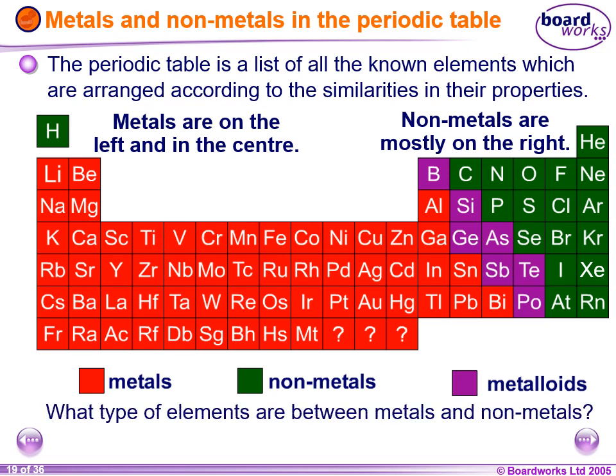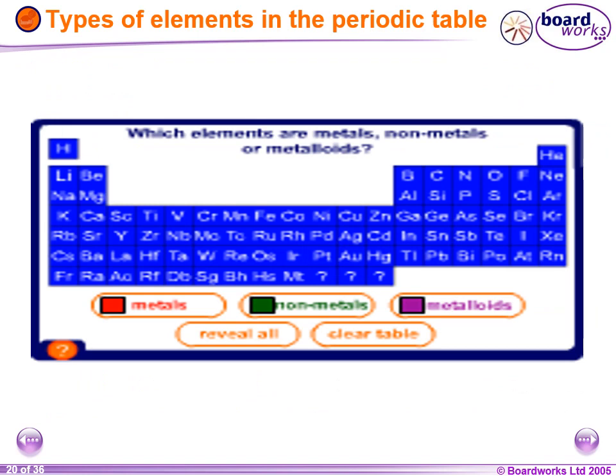And, okay, what type of elements are between metals and non-metals? Ito yung tinatawag nating metalloids. Next.